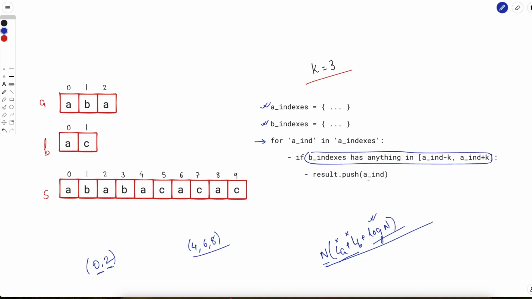If there is, then the current A index is a part of my result, otherwise no. So these two parts are what we need to make faster. This part is already efficient, since we know this particular if condition can be answered using binary search in just log n time. So how do we optimize these two parts?